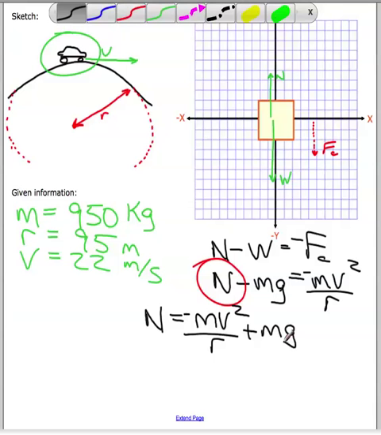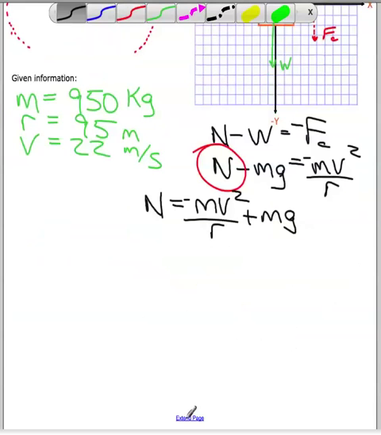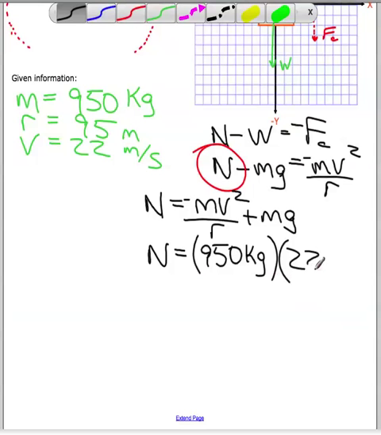We're ready to substitute. So now I can say that the normal force N is equal to the mass of the car, 950 kg, in parentheses, multiplied by 22 meters per second, and I need to remember to square it, all of that over 95 meters, that's the radius of the turn.